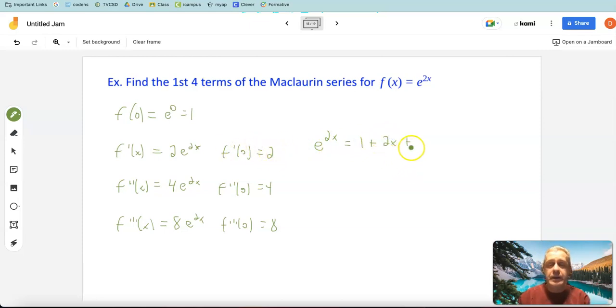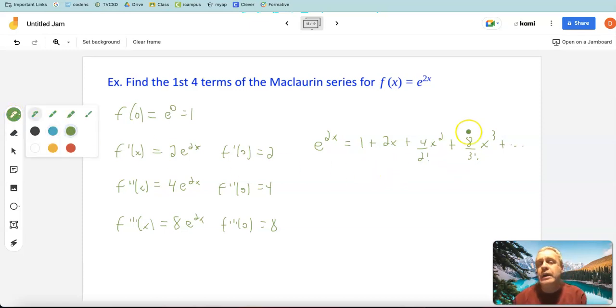And then the next term would be the x squared term, and the coefficient should be this f double prime of 0, 4, over 2 factorial. And then after that, the next term would be the x cubed term, whose coefficient should be this f triple prime of 0, 8, over 3 factorial. And there's a pattern here, and this would continue going on, but we just had to provide the first 4 terms of the Maclaurin series for this function.